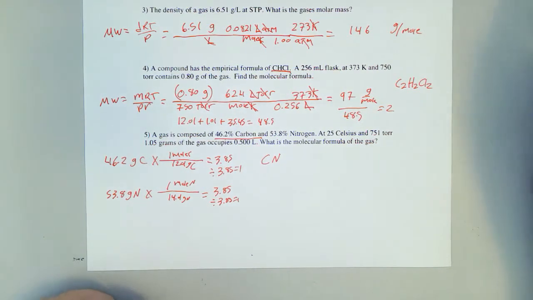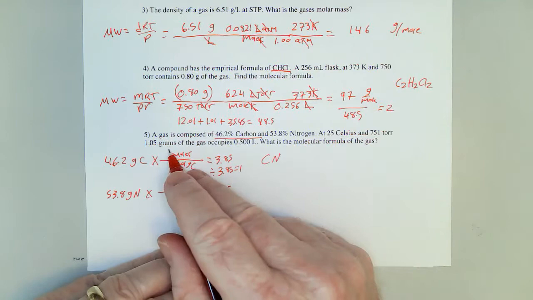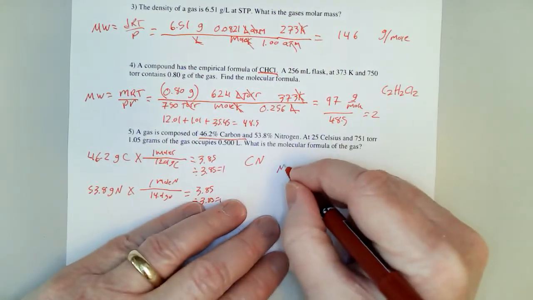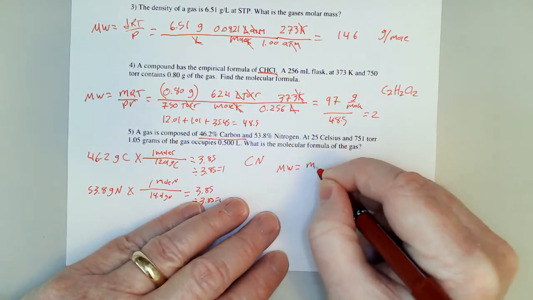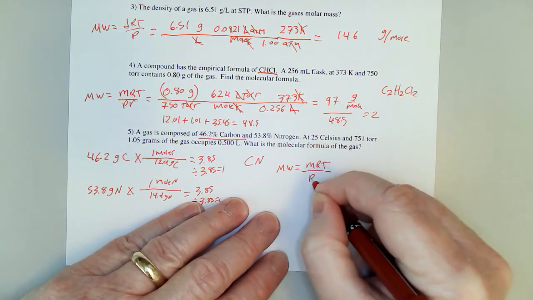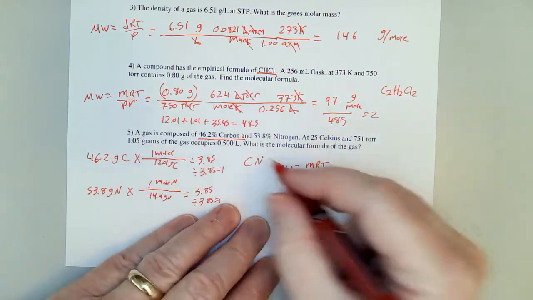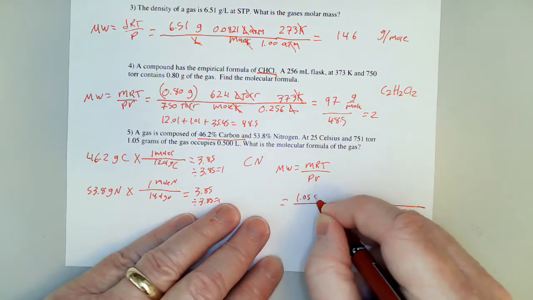Okay? Now I can use this information to calculate its molecular weight. Molecular weight equals mRT over PV, which equals, now the mass is 1.05 grams.